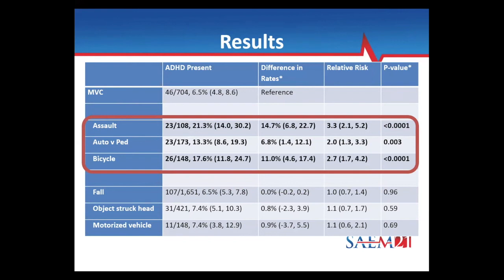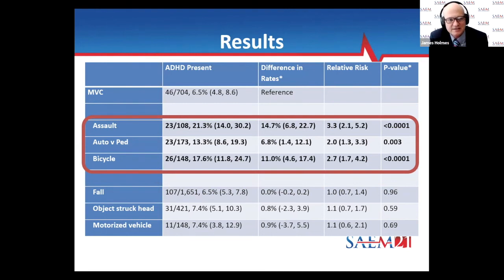If it's an executive functioning disorder, are you being distracted and getting injured? I think it's interesting that those specific mechanisms show a fairly substantial difference. Yeah, we can make sense for assault, auto versus pedestrian, and bicycles.